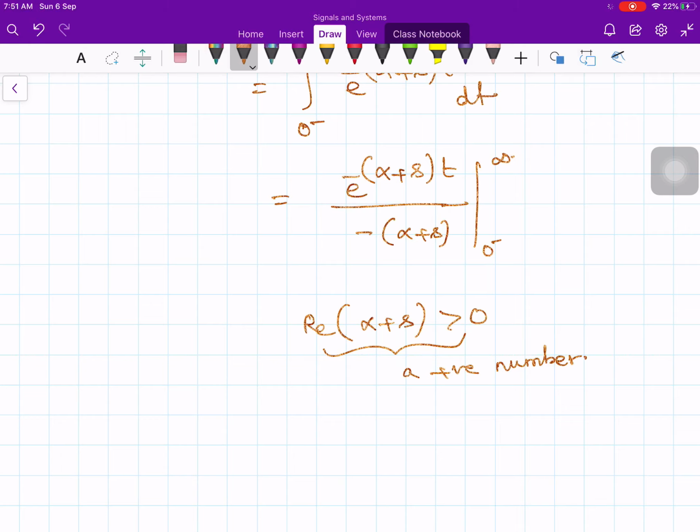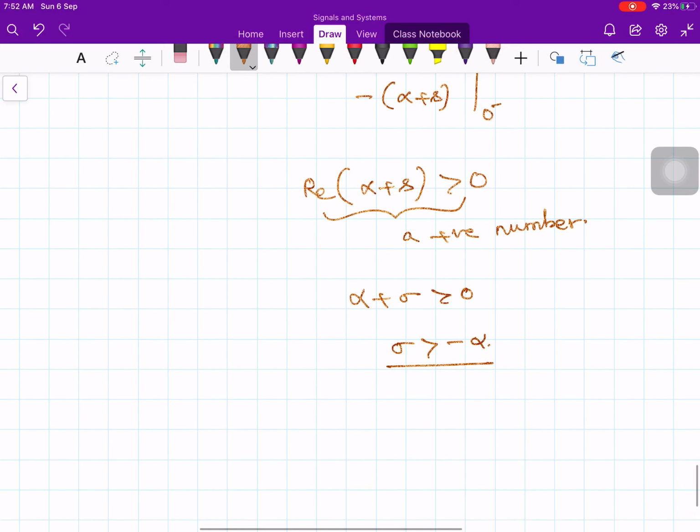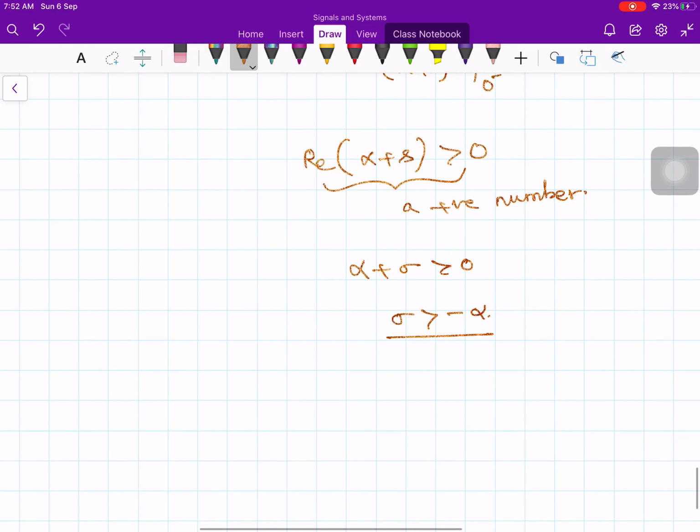So therefore alpha plus sigma must be greater than 0. That means what? Sigma is greater than minus alpha. Okay. So at the upper limit, the real part of s plus alpha is greater than 0.